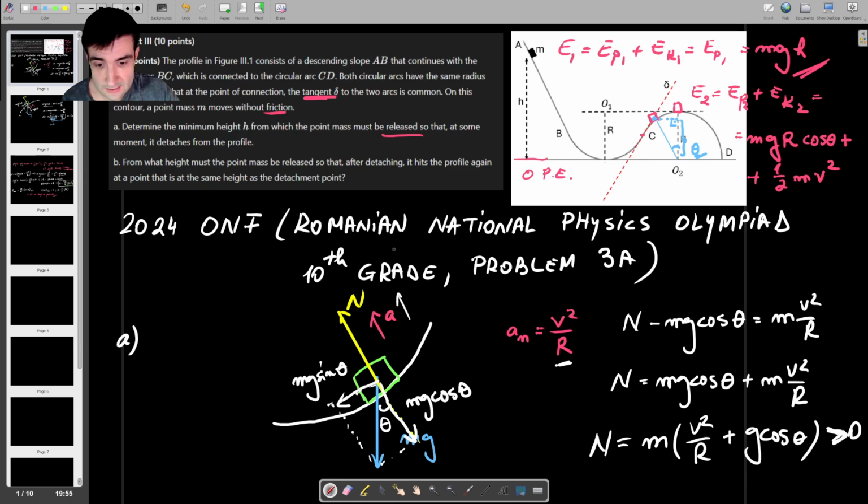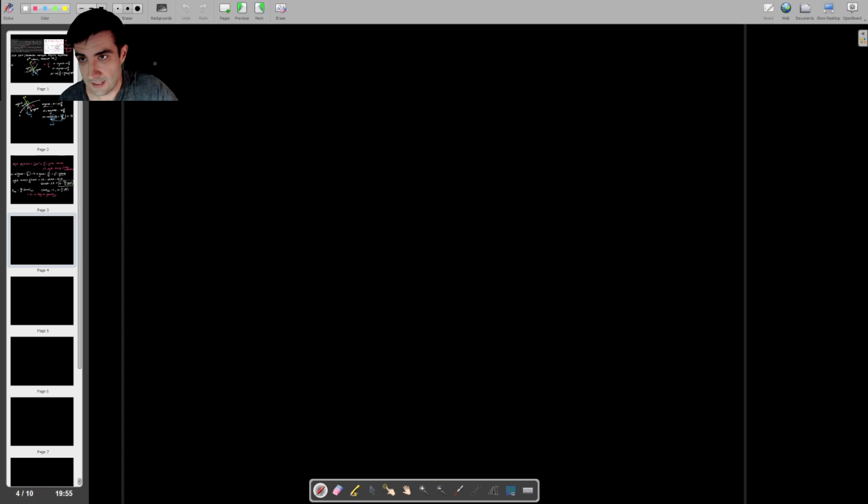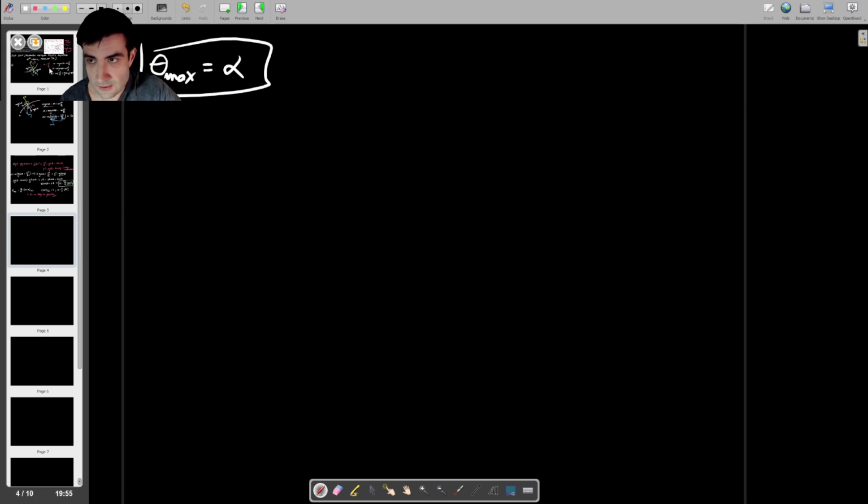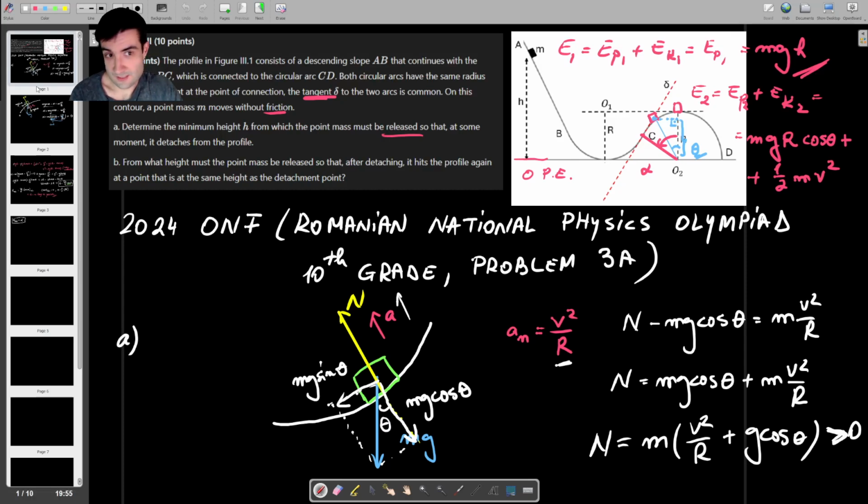So if we find this angle, which I'm going to call alpha, that's the maximum possible value that theta can have. So I'm going to say here that theta max is equal to alpha. So let's try to figure out what alpha is.